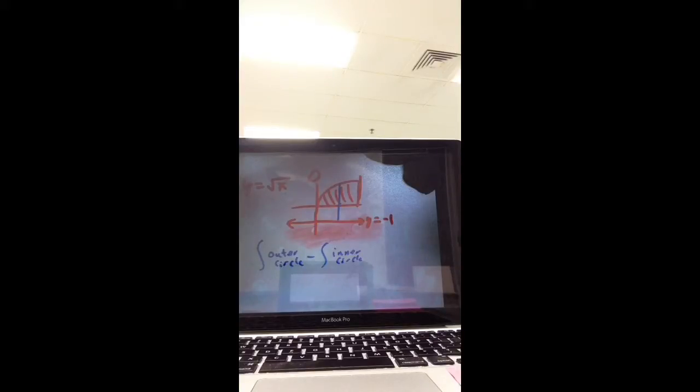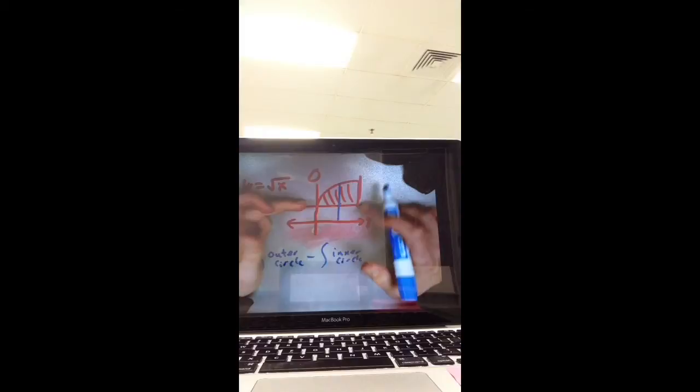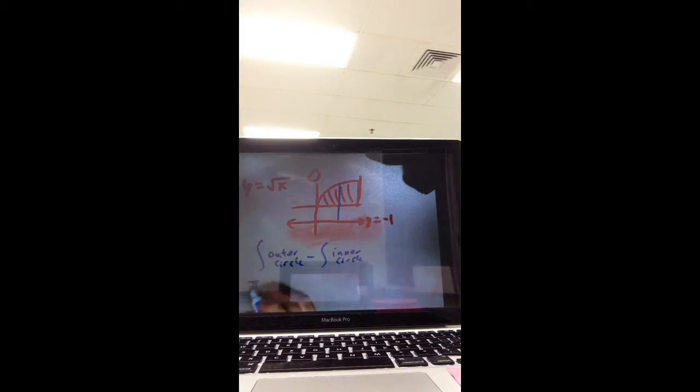The radius would be the square root of x plus an additional 1. So I'll have pi times the integral from 0 to 3 of 1 plus the square root of x squared dx, thank you.